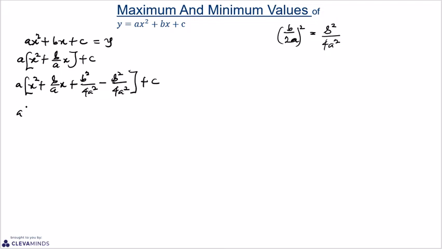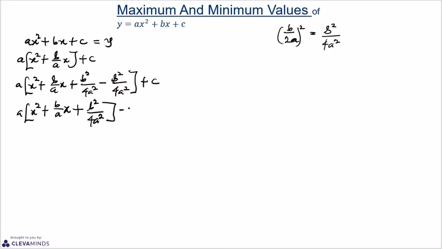So from there, we are able to see that a into x squared plus b over a x plus b squared over 4a squared minus, I'll use this a to divide one of the a squares here. So I'll just put this in brackets, then I'll bring this out.